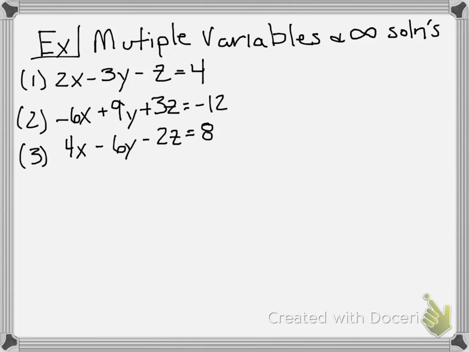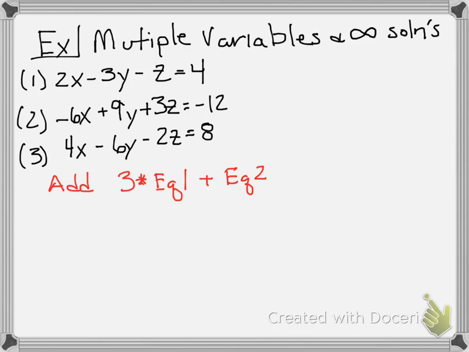So I'm just going to take equation 1 and 2, and what I notice is that if I multiply equation 1 times 3, my y values will cancel. I've got negative 3y here. If I multiply that times positive 3, I'll get negative 9y, and that'll cancel with this positive 9y.